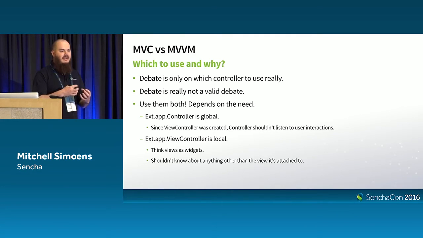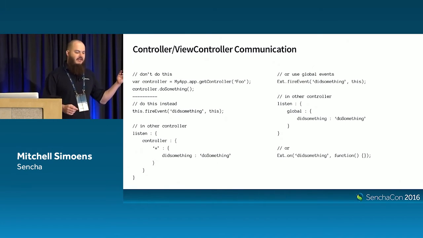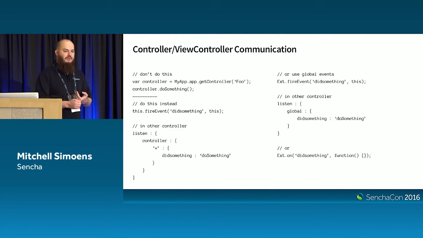The worst thing that I always see is people throw tons of logic in there. They're using app.getController to get that global controller and executing some method on it. Well, now you're tightly coupling your application. Sure, it works great, and that's fine. But down the line, you're going to refactor, and you're going to rename things, and now you have to go hunting around and renaming things. So instead of doing that, I fire an event on the view controller.